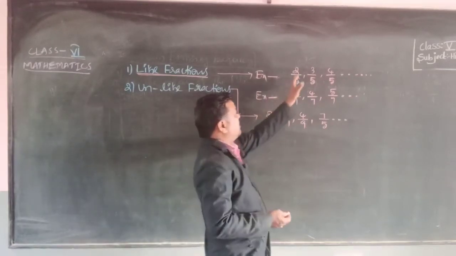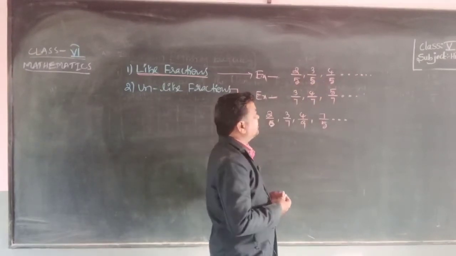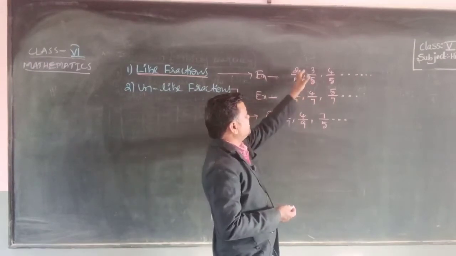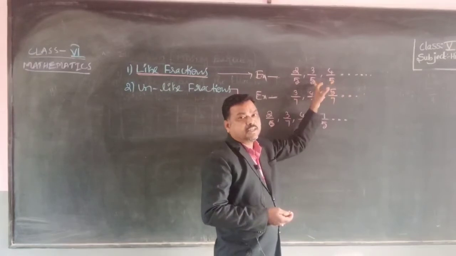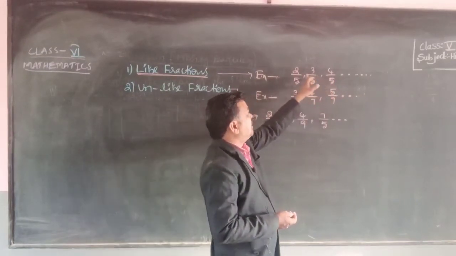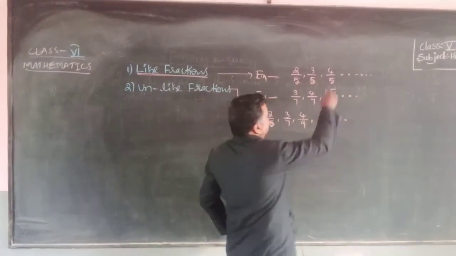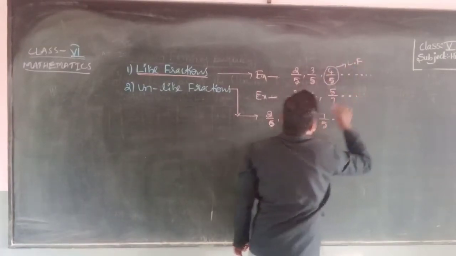Then in like fractions, how do we identify the largest fraction and the smallest fraction? Suppose 2 by 5, 3 by 5, 4 by 5. In these fractions the highest numerator is 4, so 4 by 5 is the largest fraction.